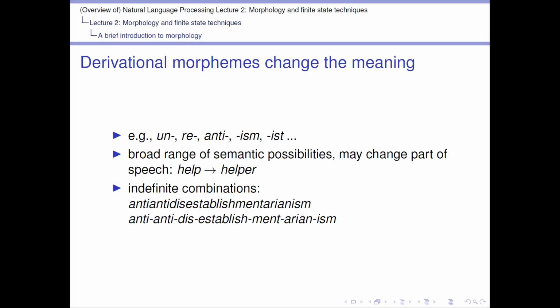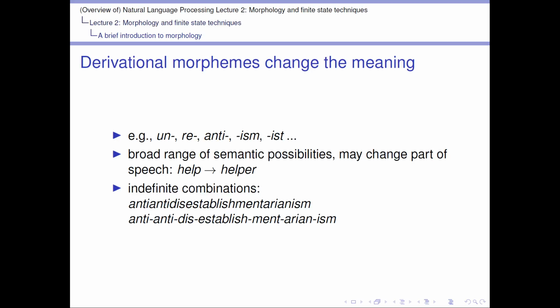Derivational morphology, on the other hand, is morphology where we add morphemes that can change the meaning of the word. So, for example, if we have un, that obviously usually changes it to some sort of opposite. And it can be quite extreme the way that the nature of the word is changed. So it can actually often change part of speech.